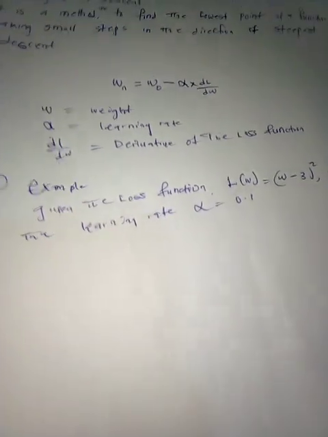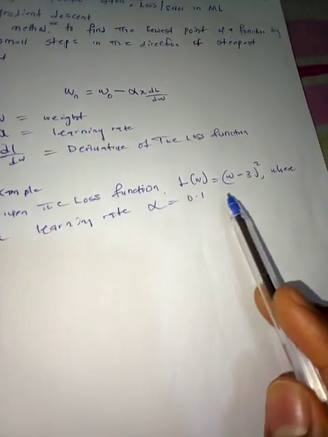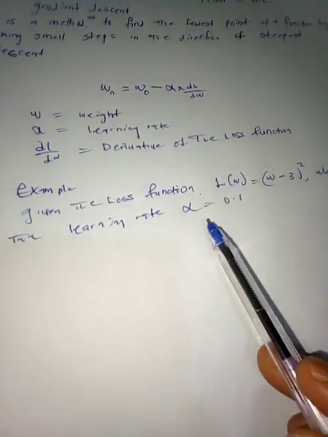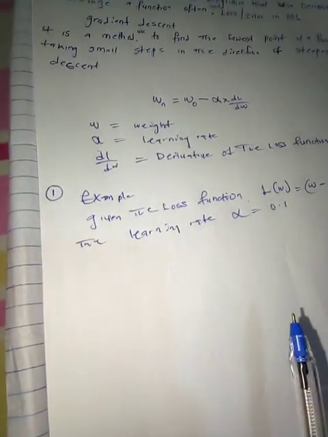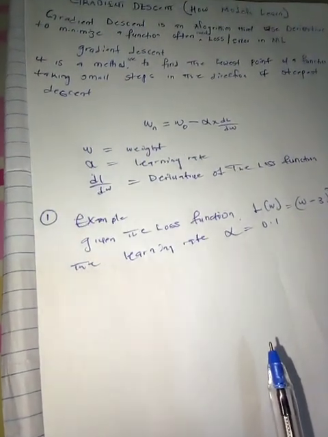Given this loss function and a learning rate alpha of 0.1, what will be the lowest point of this function? That's what they are asking us.